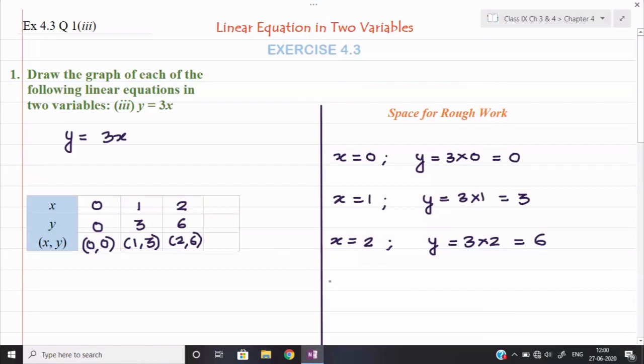Instead I will take x is equal to minus 1. We'll get a negative value, but will not go to very high values. So 3 into minus 1 gives minus 3. At x equal to minus 1, the value of y is minus 3, and my coordinates are minus 1 comma minus 3.